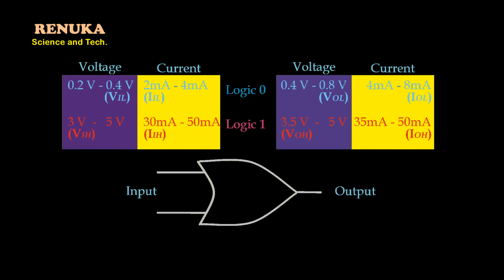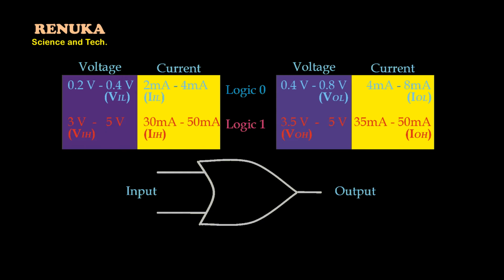So these are the voltage levels that can be understood by the gate as logic 0 and logic 1. Along with these voltage ranges, which value of current will be considered as logic 0 and which value of current will be considered logic 1, those ranges are also shown here.